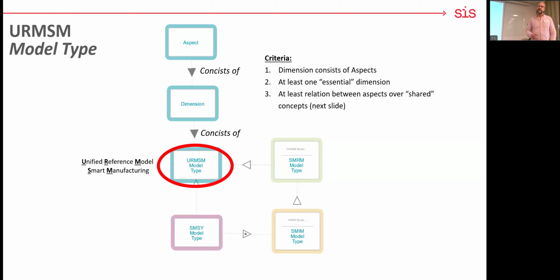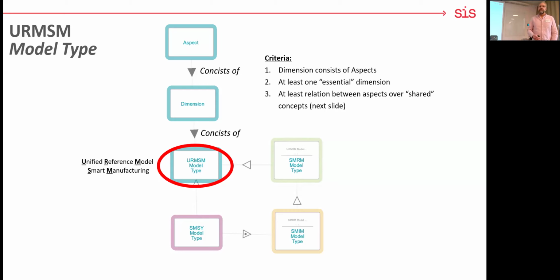But before, you need to make sure that the criteria for conformance is met. And one of them is that you're using at least one dimension, which is called an essential type. And there are examples of essential that can be lifecycle management, for example. It's an essential dimension. And then you're free to invent other dimensions as well, according to your case.